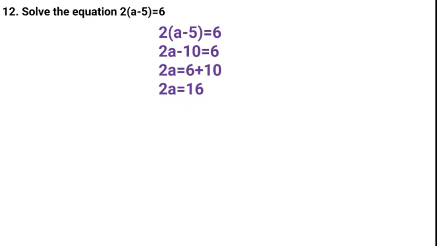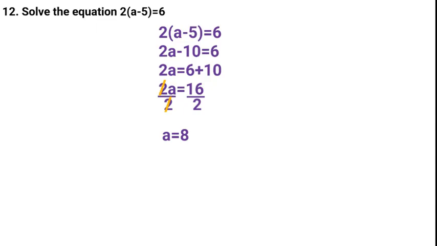So I'm going to divide by 2 this side as well as by 2 that side. 2a divided by 2, the 2 on top and the 2 at the bottom cancel, leaving me with a, which is equal to 16 divided by 2, which gives me 8. So the value of a in that expression is 8.